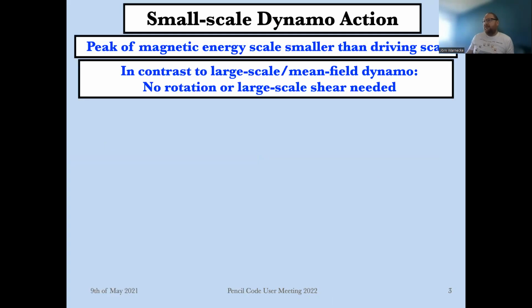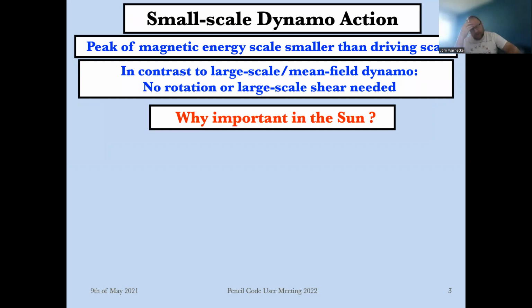But additionally, you can have a small-scale dynamo. In small-scale dynamo action, the peak of the magnetic energy scale is normally smaller than the driving scale. In contrast to the large-scale or mean-field dynamo, no real large-scale rotation or large-scale shear is needed to excite it.